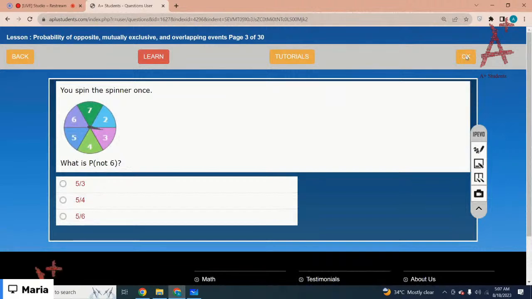So 1 minus 1 over 6 equals, yes, 5 over 6. Very good.